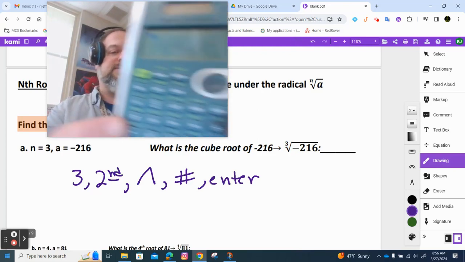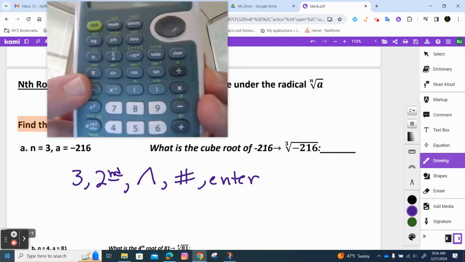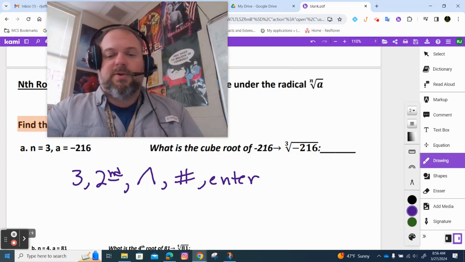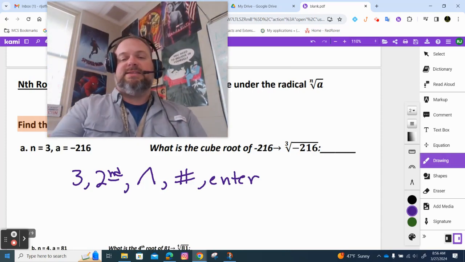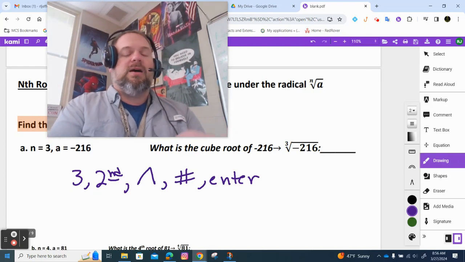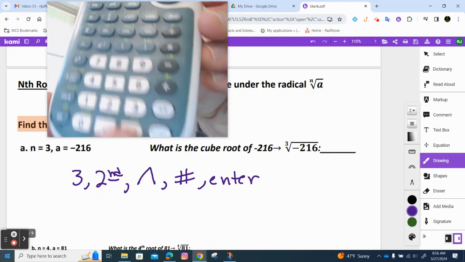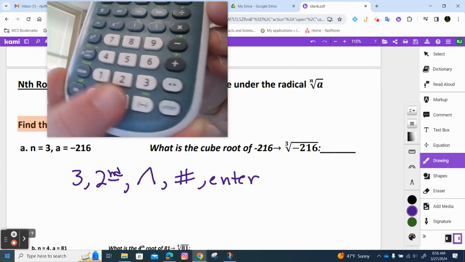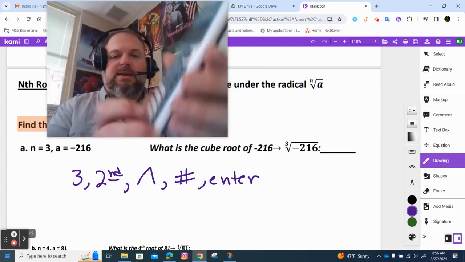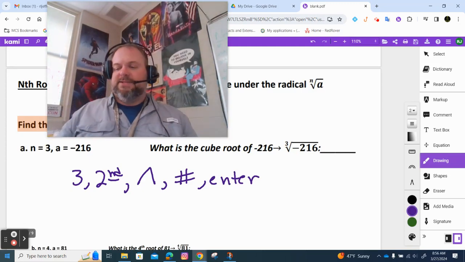It's this one right here. Okay, now our number right here is negative 216. So negative 216. All right, also the negative is down here. The other one is a minus. That's okay. Hit enter, -6.